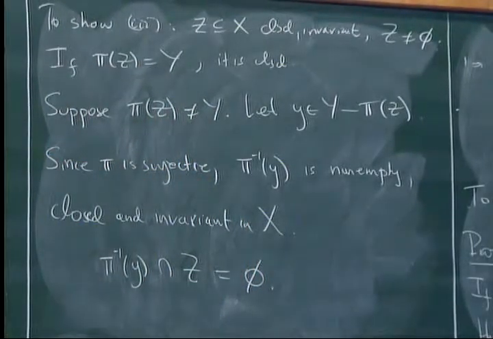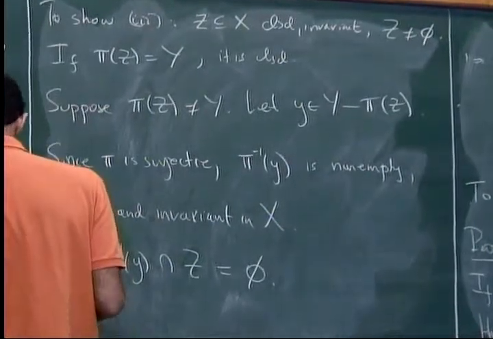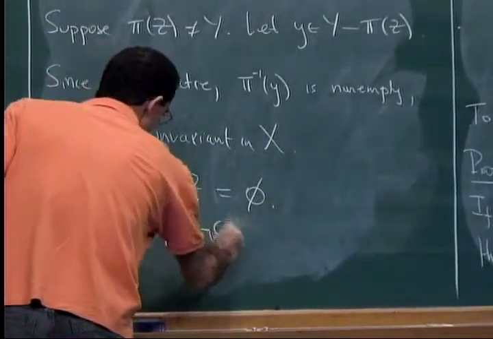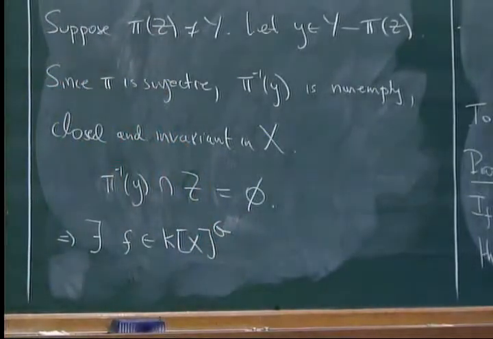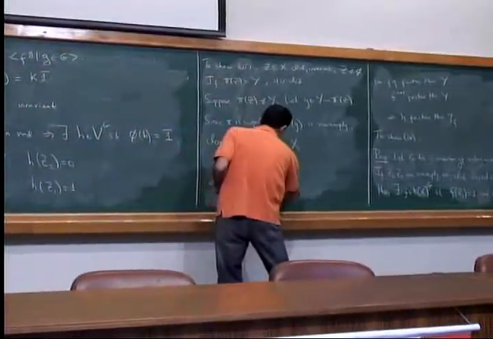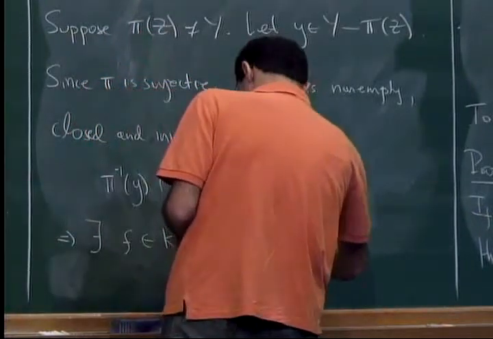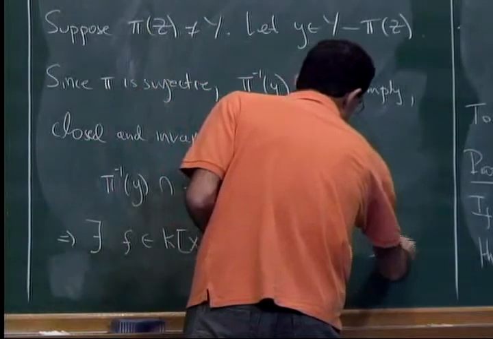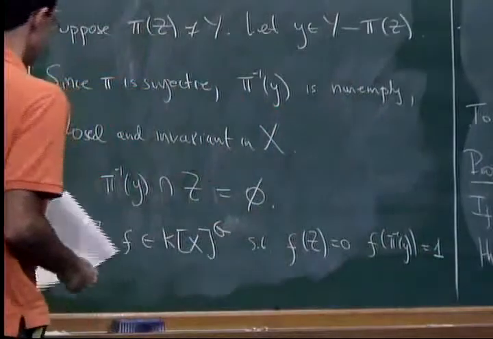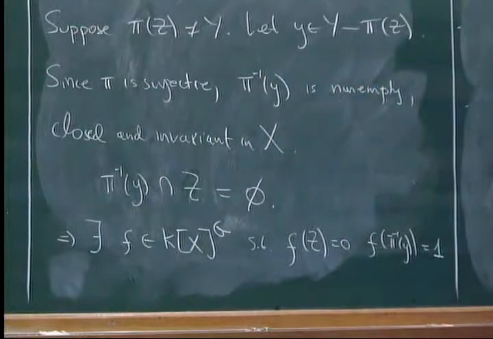Okay. So that means then that there is a function. I could use the theorem, but anyway, I'm going to use the proposition. So there is an invariant function such that f of Z is 0 and f of the inverse image is 1. Okay. So this function is actually a function on Y, because it's invariant.